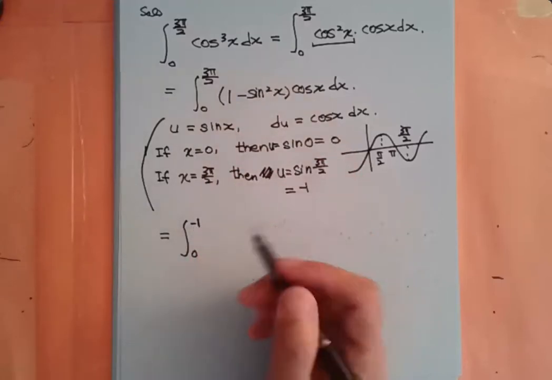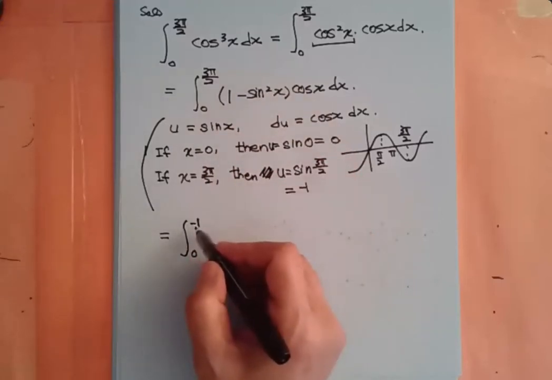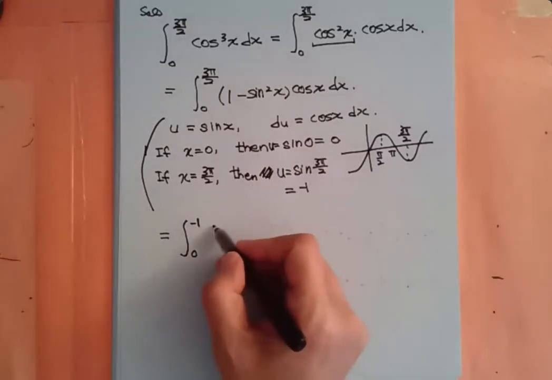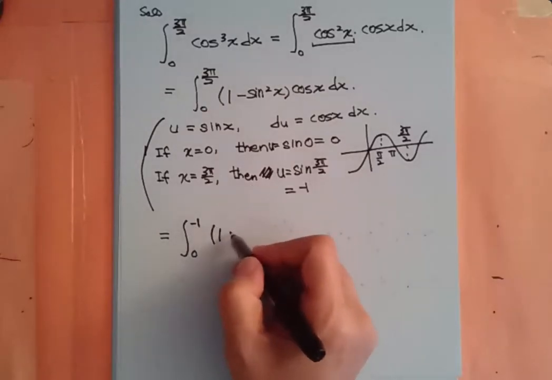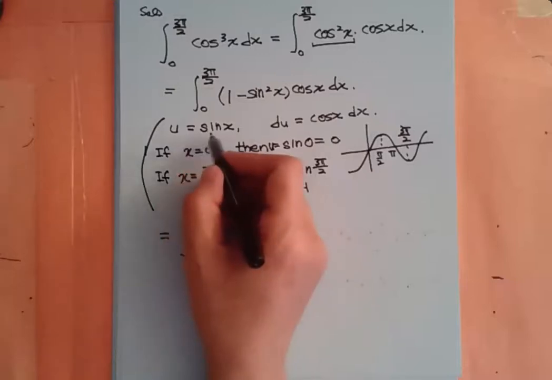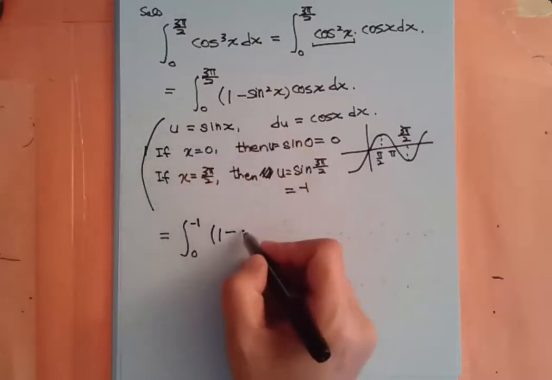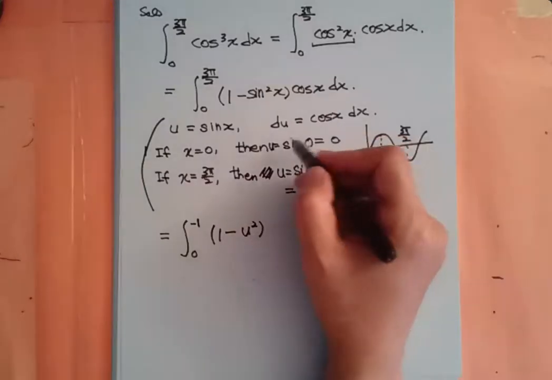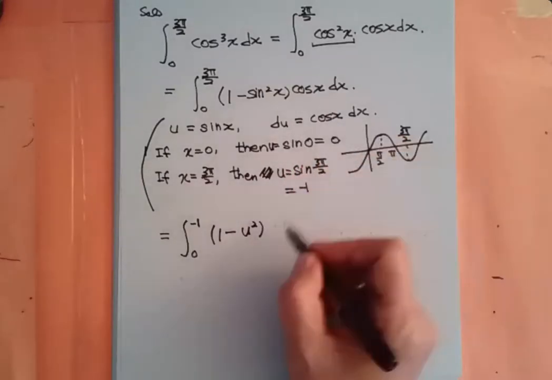It doesn't matter whether this one becomes smaller. That's reflecting the orientation concept. So 1 minus u squared, where u equals sine of x. So sine squared of x is u squared, and cosine x dx is du.